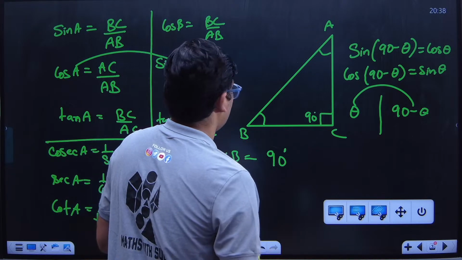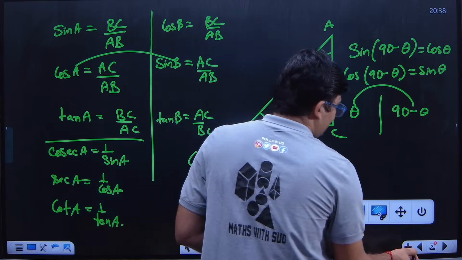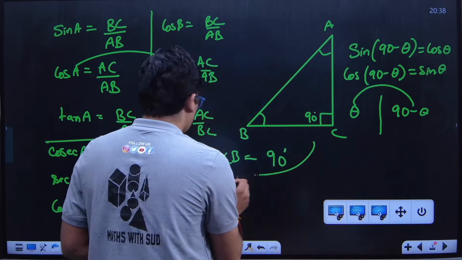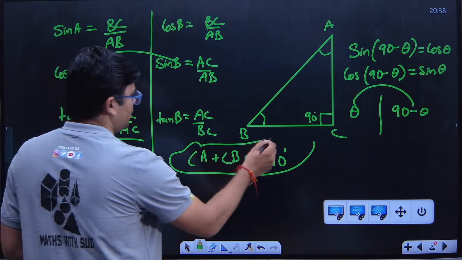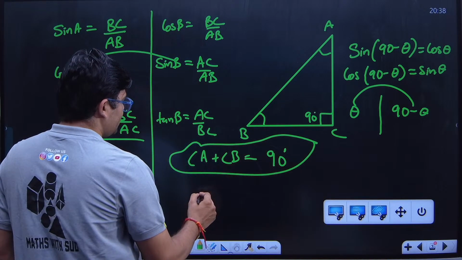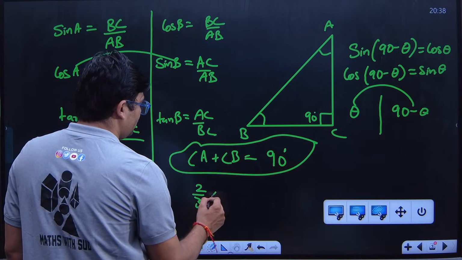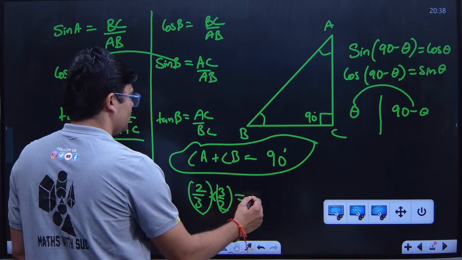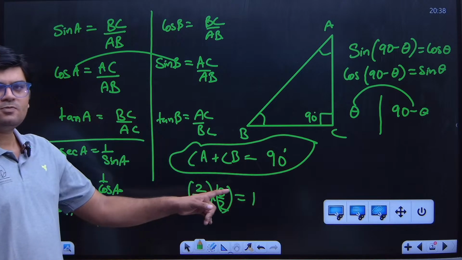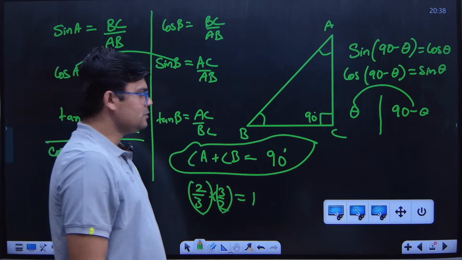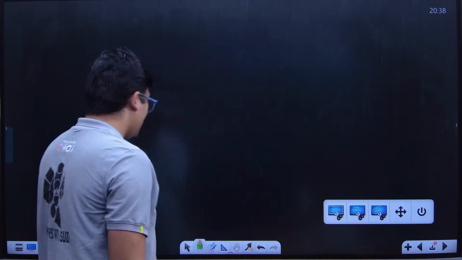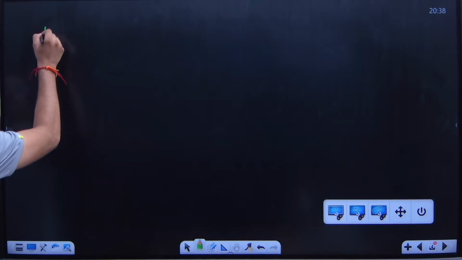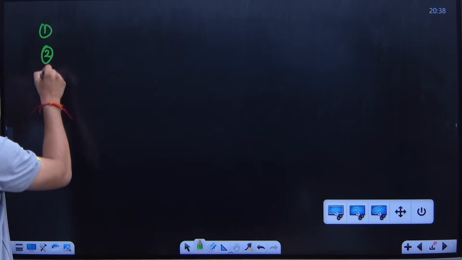Okay. So if two numbers are reciprocal of each other, do you know about a theorem in mathematics? Suppose I multiply 2 by 3 into 3 by 2. What is the product of two reciprocals? It is always 1. So I'm going to write in front of you the first three formulas.